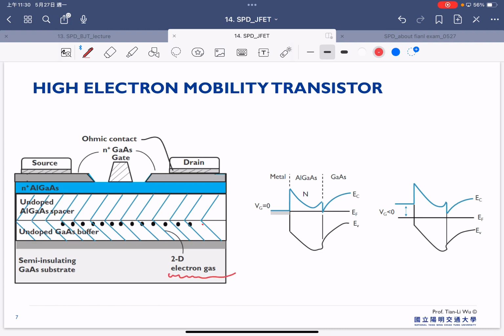That means the electrons can already flow from the source to the drain, even with no gate bias. So in the beginning, this is the ID-VG, and here we already have the current. Now what we have to worry about is how to turn off this transistor. This is at VG of 0 volts.